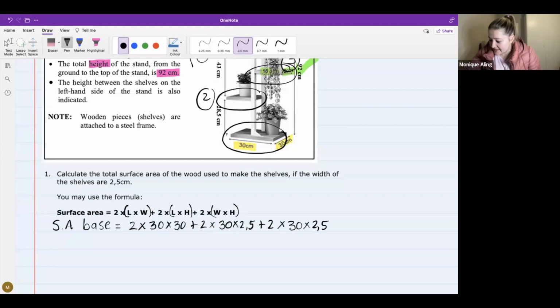So the height is that little bit over there, which they said is 2,5 centimeters. So I've just substituted the 30s in plus the 2,5. The length is 30, width is 30, height is 2,5. If this helps, let's put it this way.